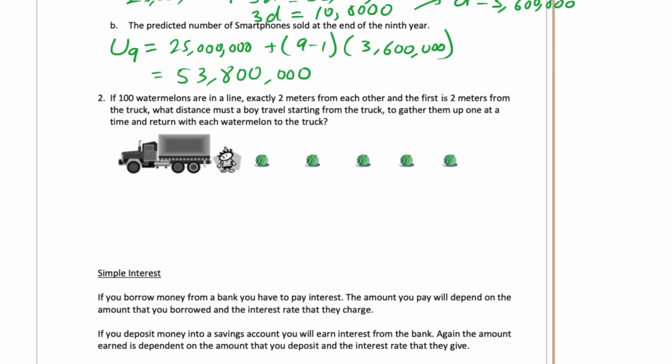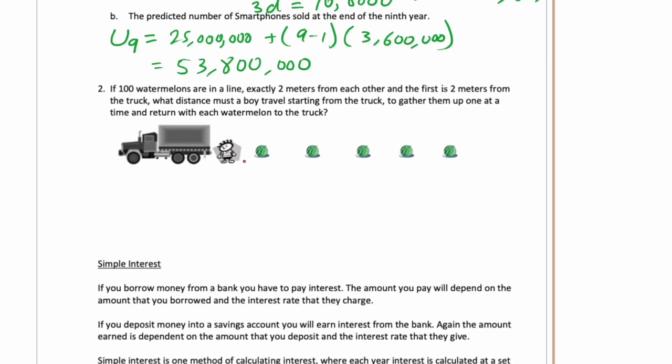We've got this person who's going to collect watermelons 2 meters away each time. There's 100 watermelons, 2 meters away. What distance must the boy travel starting from the truck to gather them up one at a time and return?